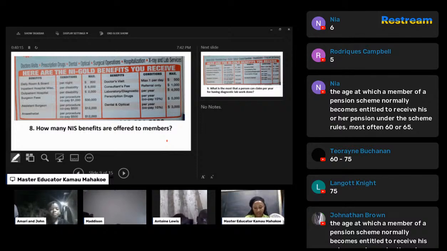It's at the benefits part, Miss, you count it. What's the first term under the benefits part that you're looking at? Daily room and board. Okay, so you're talking about this section, right? Yes, Miss. But what about this section here?